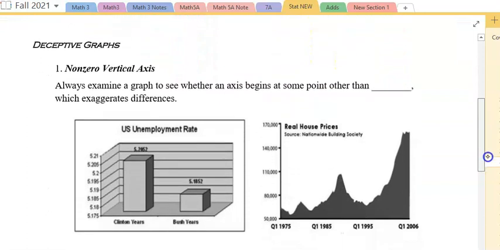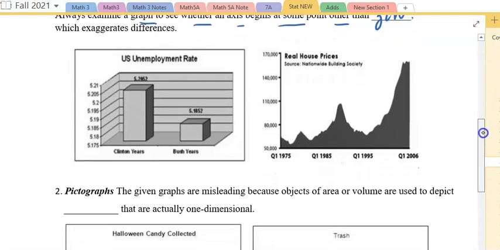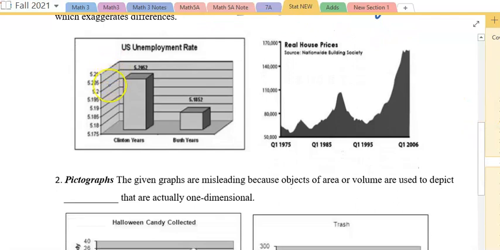Deceptive graphs: non-horizontal verticals. Always examine a graph to see whether the axis begins at something other than 0. That's very important, because it really throws off the differences. If you look at this, you might think, wow, that's a big difference.